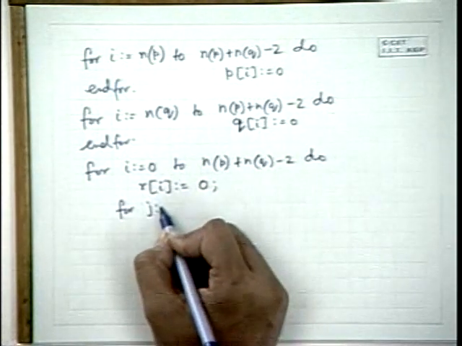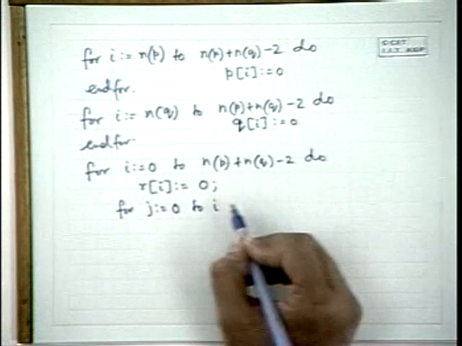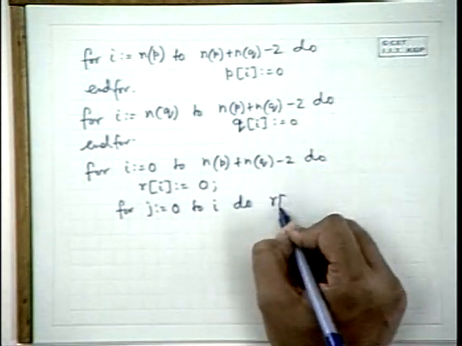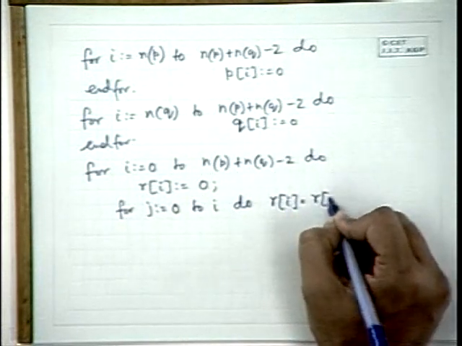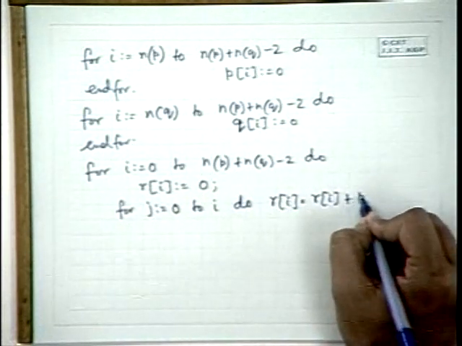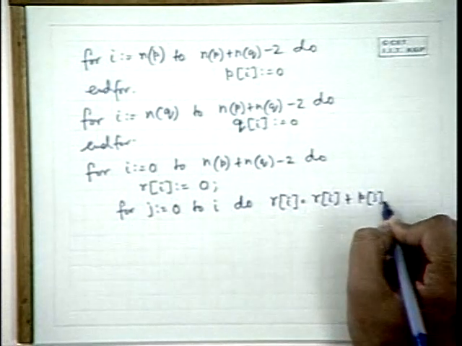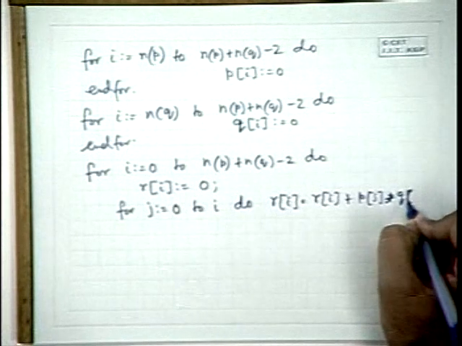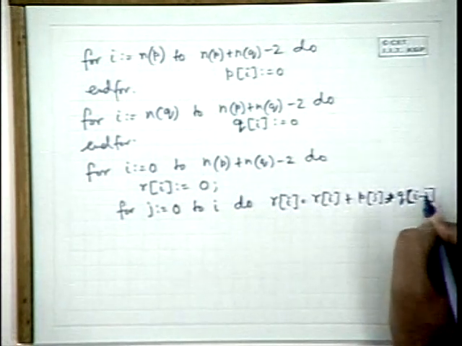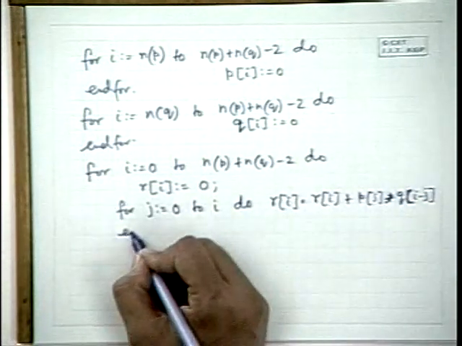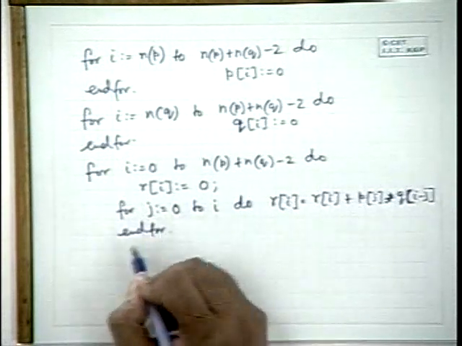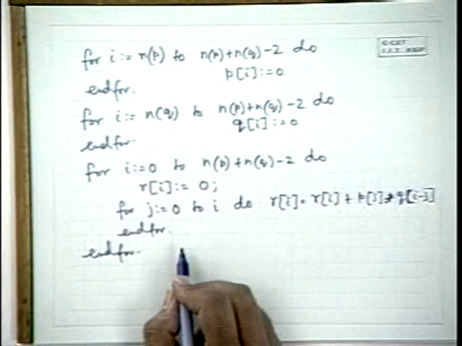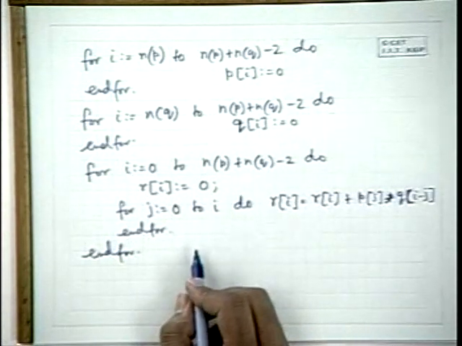For j going from 0 to i, that is the second loop, do Ri is equal to Ri plus Pj multiplied with Q(i minus j), and end for, and that is it. That is the entire algorithm for multiplication of two polynomials.